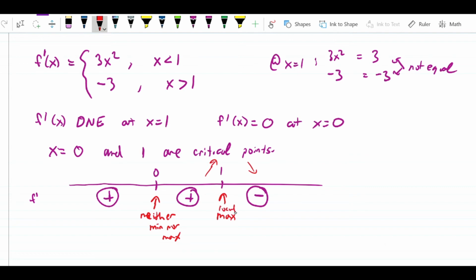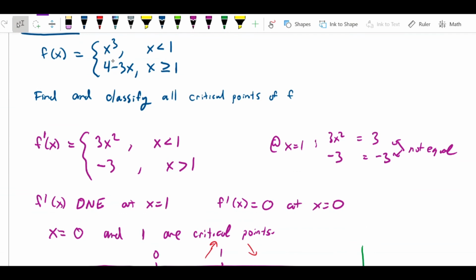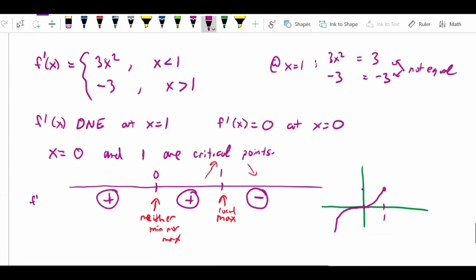And in fact, this is consistent with what would happen if we were to graph this function. I haven't done it, but many of you can probably see in your head what this looks like. This function flattens out for just an instant at x equals 0, then goes up to x equals 1. What I'm drawing here in purple is the x cubed part of the function.